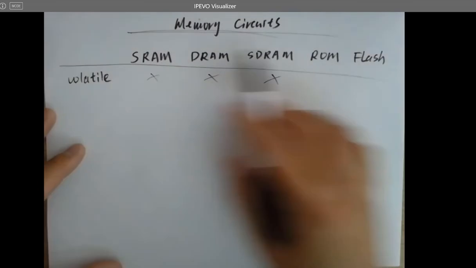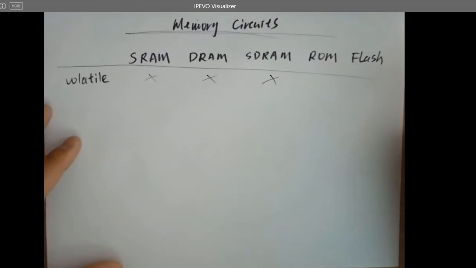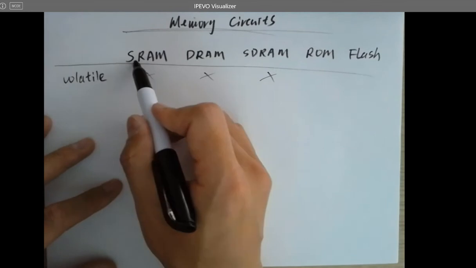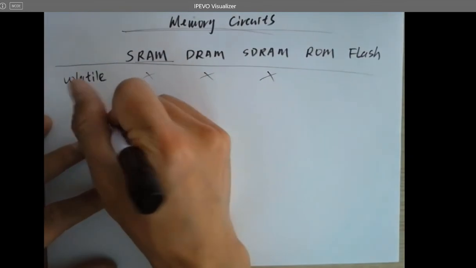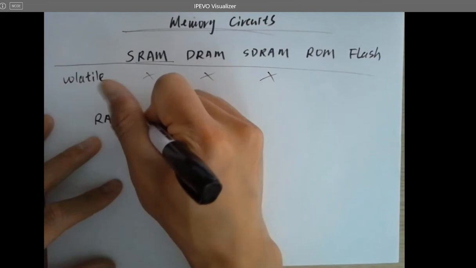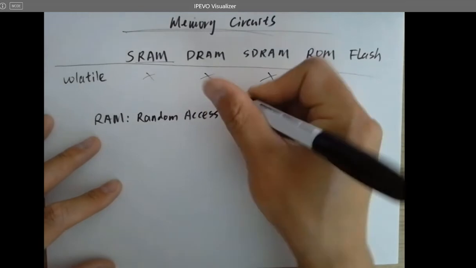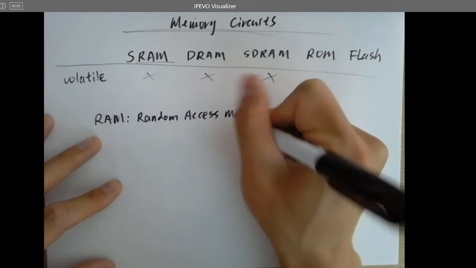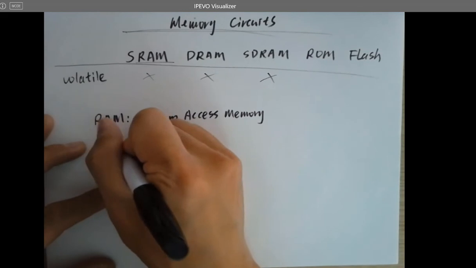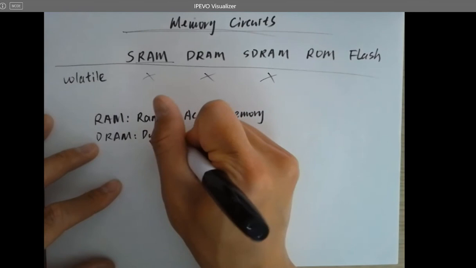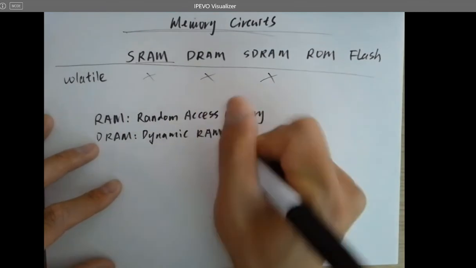So what are the full names for these acronyms? RAM is random access. DRAM is dynamic RAM.